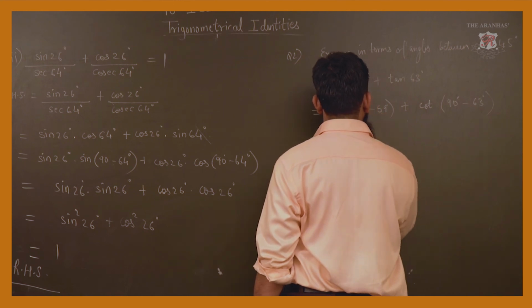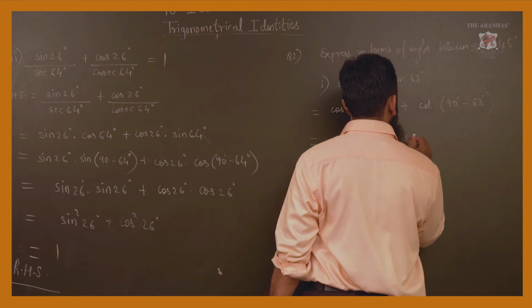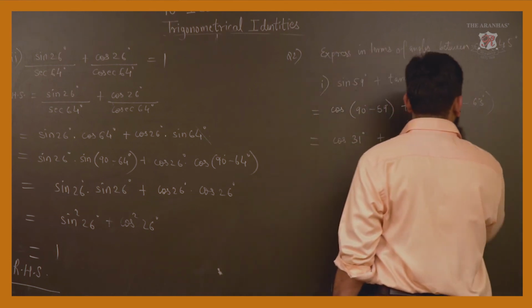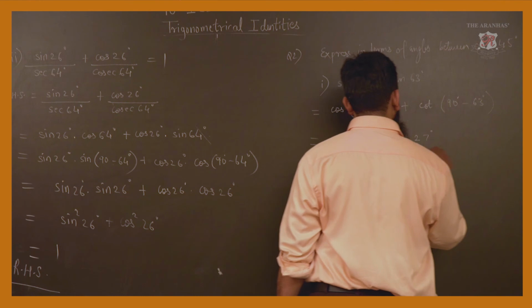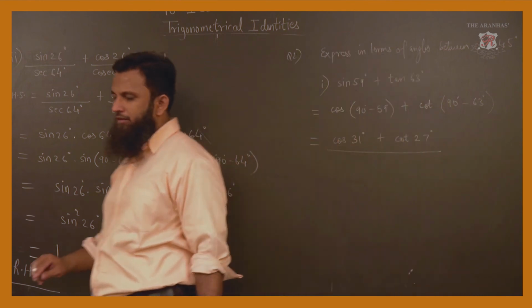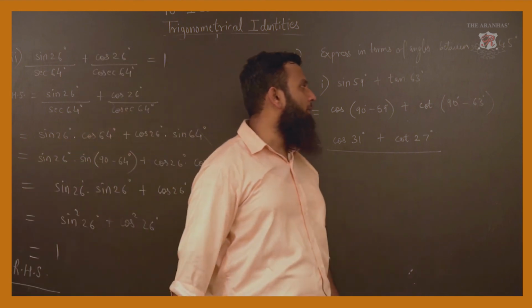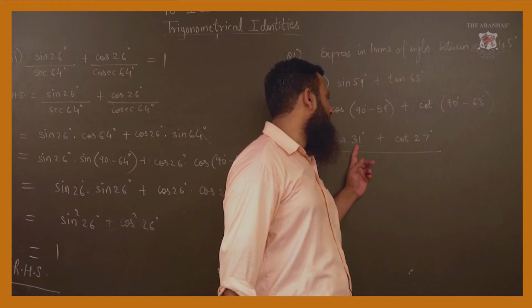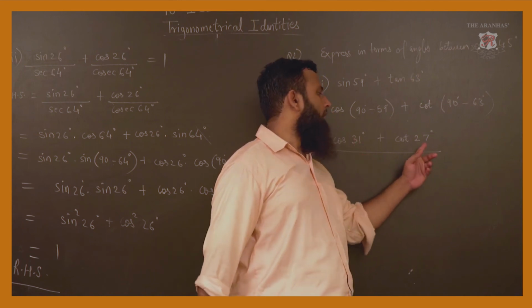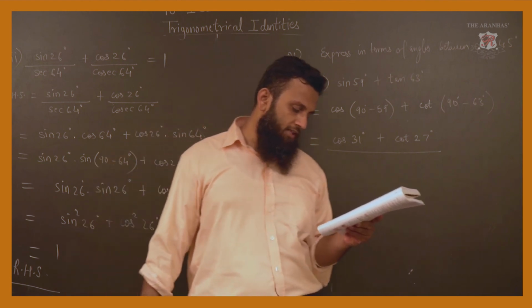So this will become cos 31 degree, whereas this will become cot 27 degree. So if you observe whatever question is given, express in terms of angle between 0 and 45. So I have brought it in between 0 and 45. 31 is in between 0 and 45. 27 is also in between 0 and 45. So in this way we can express them.